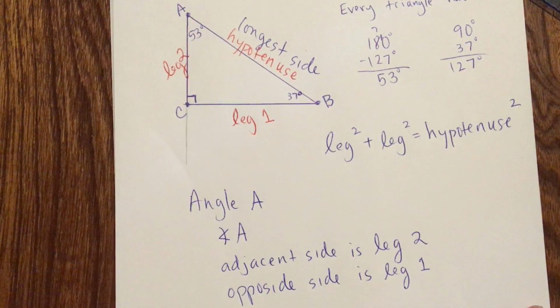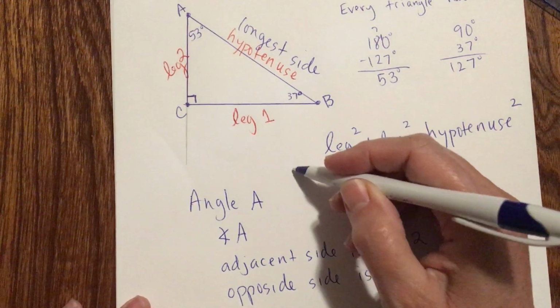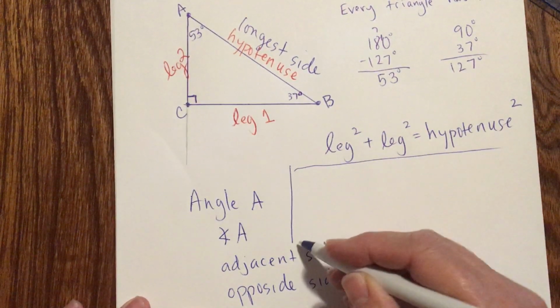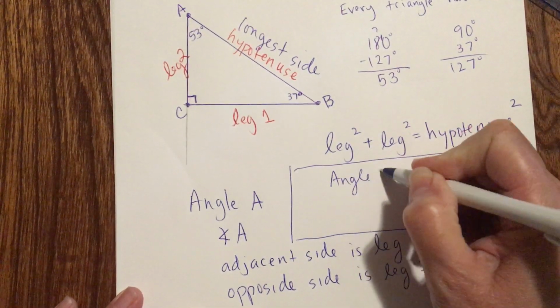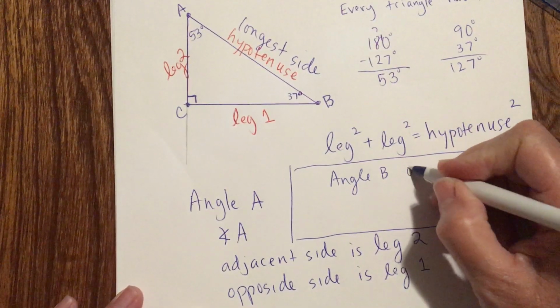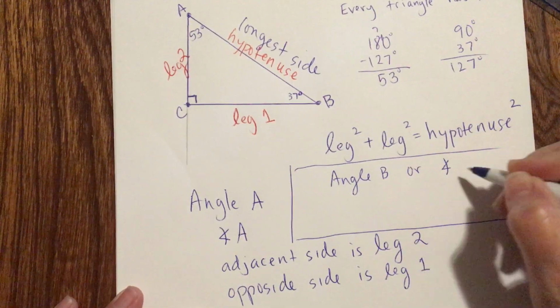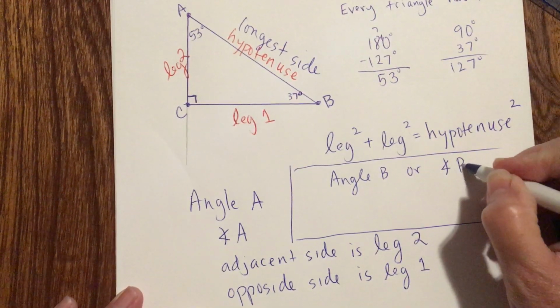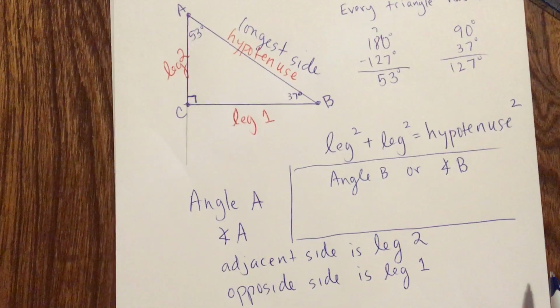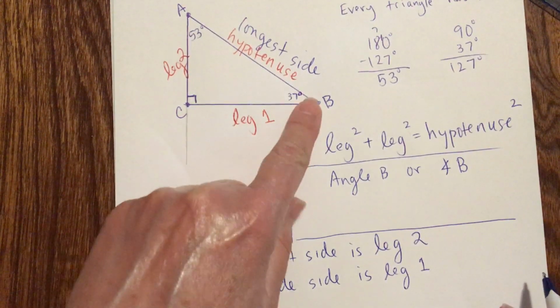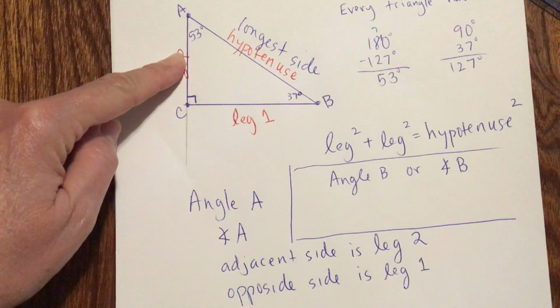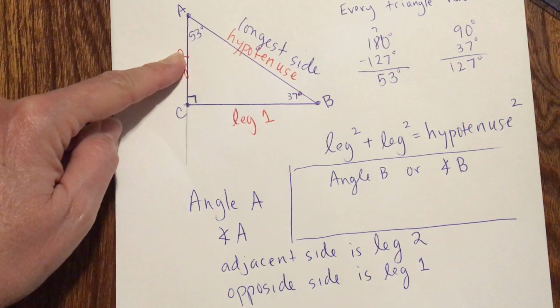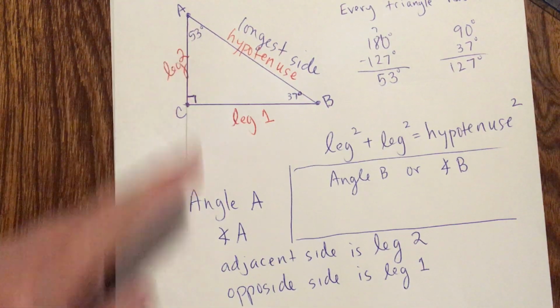If I start at angle B, that changes. I'm going to squeeze it in this little spot right here. So if I'm doing angle B, and I can write it with the symbols, angle B. If I'm starting at angle B, then to go through the triangle, which would be the opposite, I get to leg number 2.